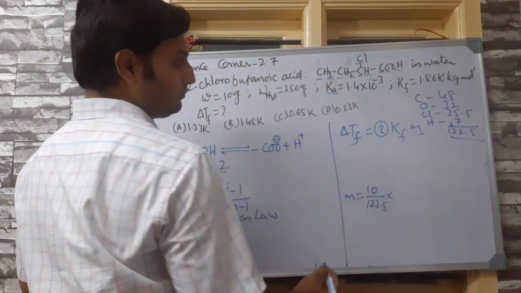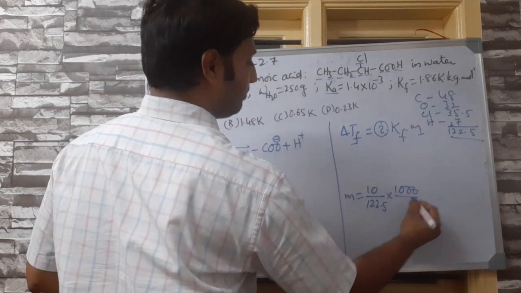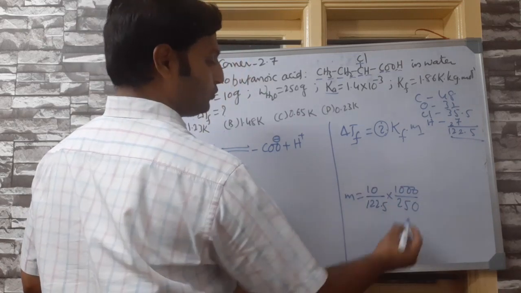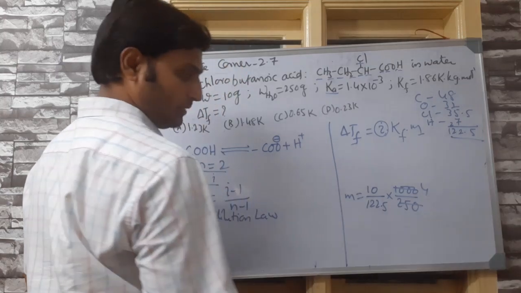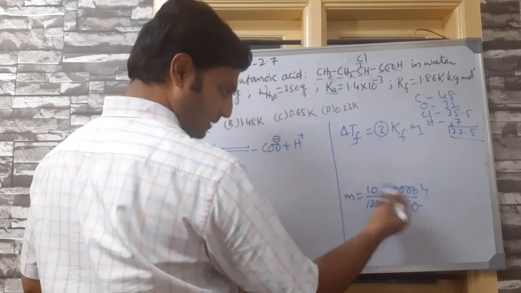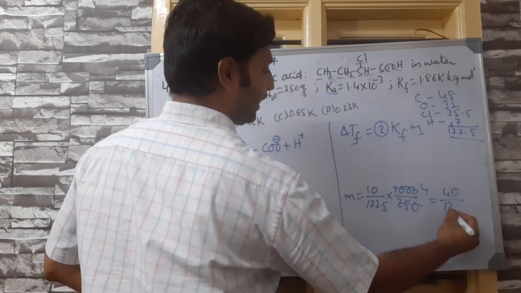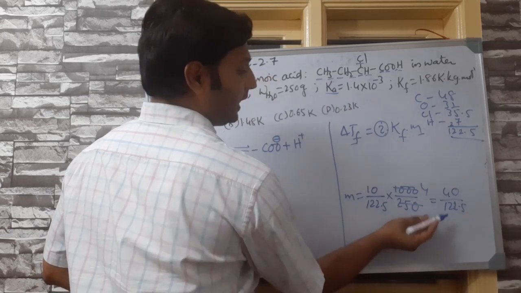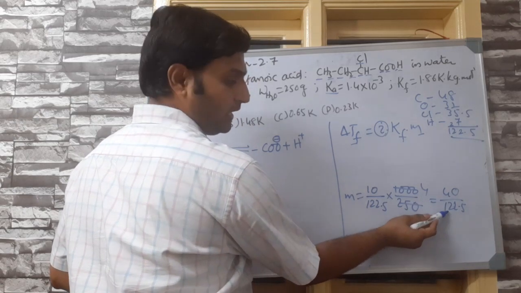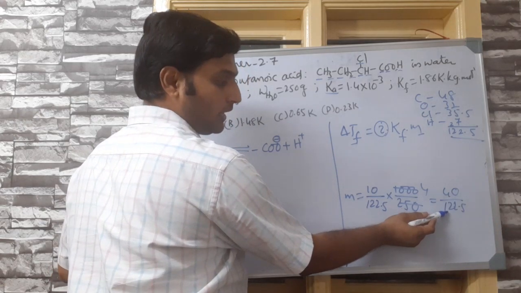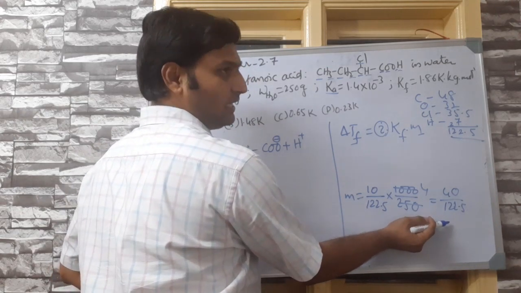Into weight of 1000 divided by weight of solvent is given as 250. 250 will divide it 4 times and then simplify accordingly, means this is 40. 40 divided by 122.5. See, 40 would divide 120 exactly 3 times, but 122.5 would go slightly more than 3 times.